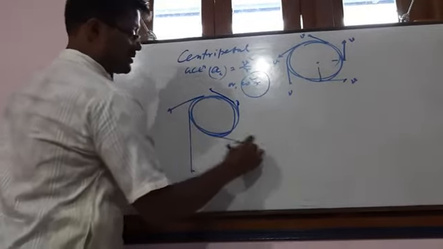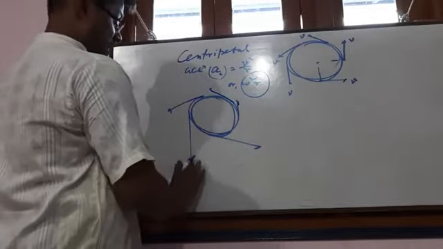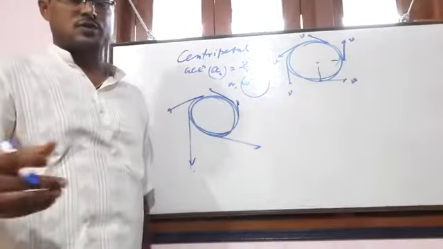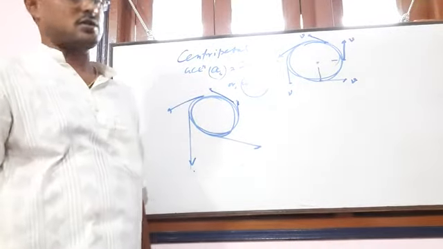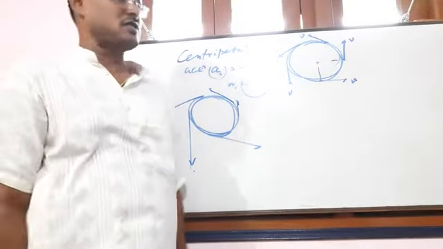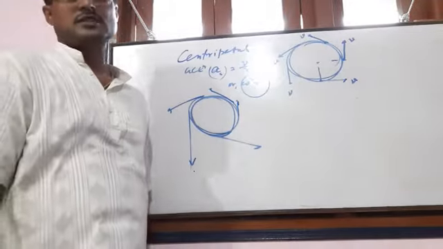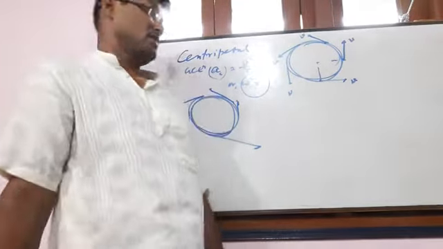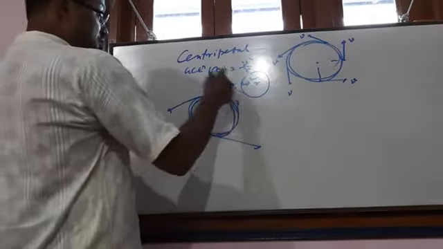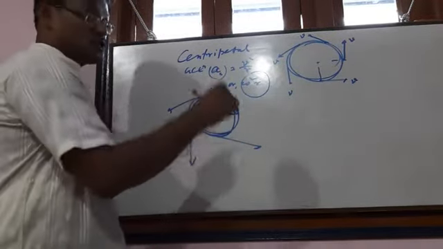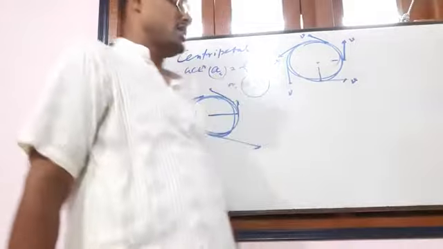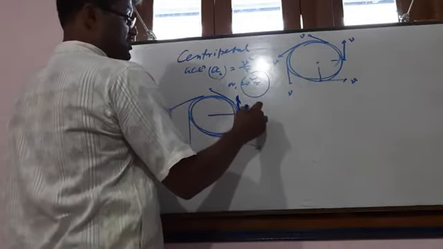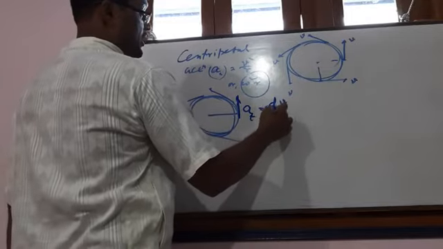The direction must change in the case of circular motion, so centripetal acceleration must be there. But the magnitude may also change. That's why one more acceleration is produced, whose direction is tangential, the tangential acceleration, which is equal to dv/dt.